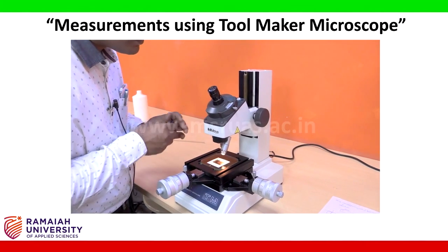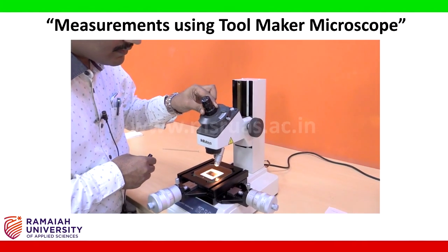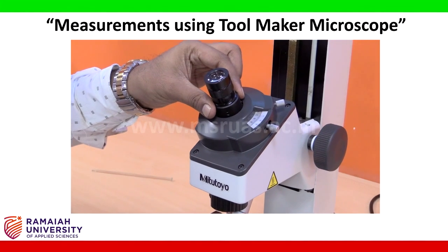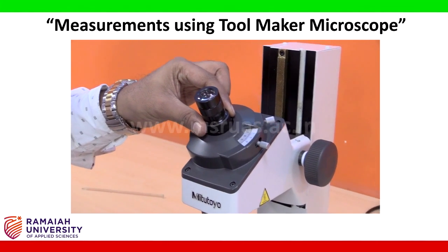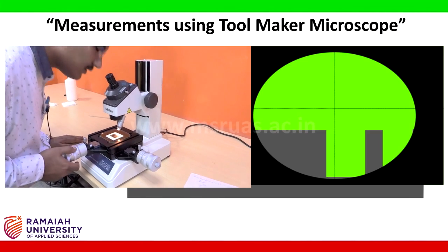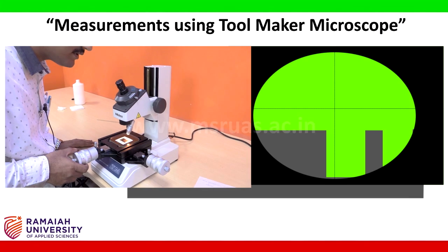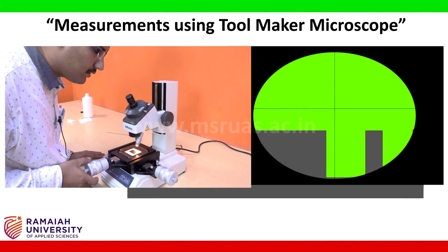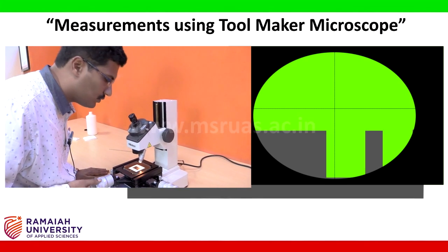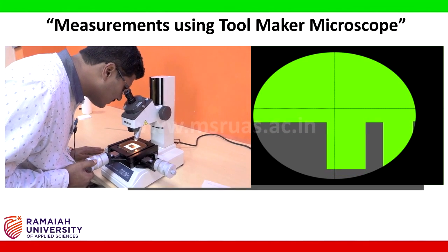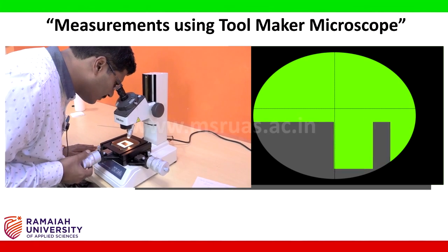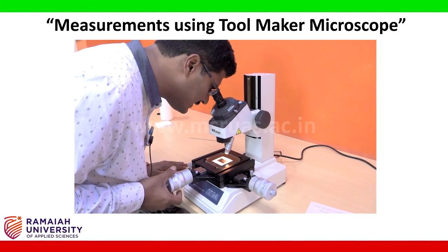One can use the degree knob to adjust or align the crosshair to the groove starting point. Now let us adjust the crosshair to the starting point or the first point of the groove. I am moving my x-axis, y-axis.